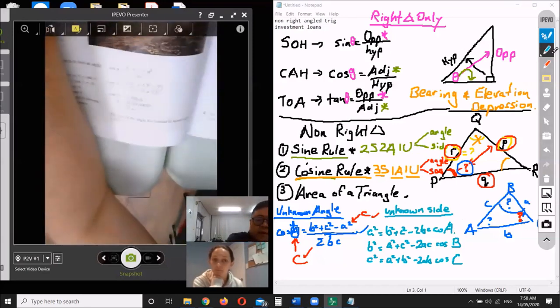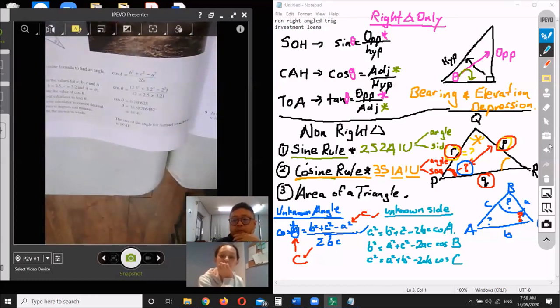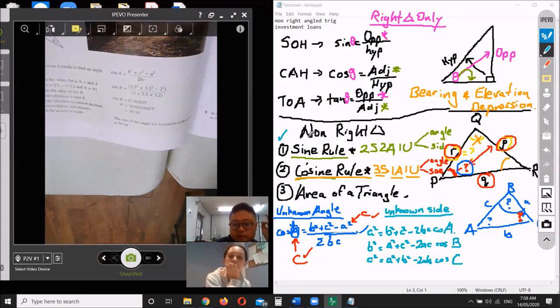The only other thing I would say is, with the sine rule, just be aware that if you've got an obtuse angle triangle, and by obtuse I mean larger than 90 but less than 180, and you put this in your calculator and get an angle, it's going to give you an acute angle.